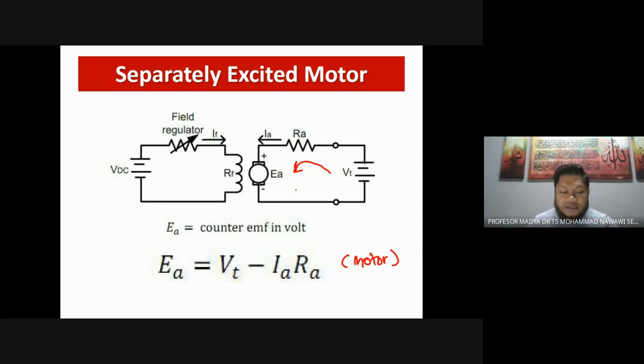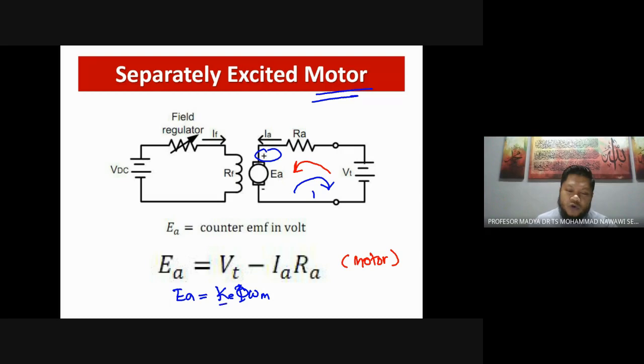You can also have generator operation, whereby the current flows out of the positive terminal of the back EMF. Now we discuss the motor, where the current flows towards the positive terminal, and therefore you have this equation EA equals VT minus IARA, and we also know that EA is defined by KE flux omega M.